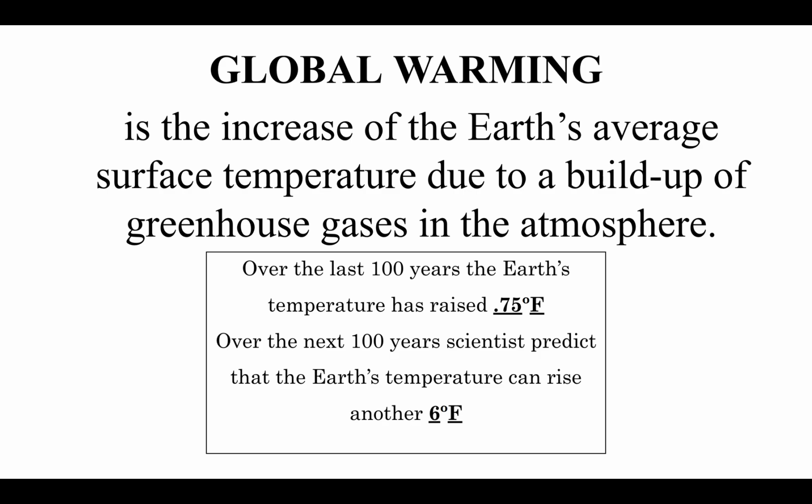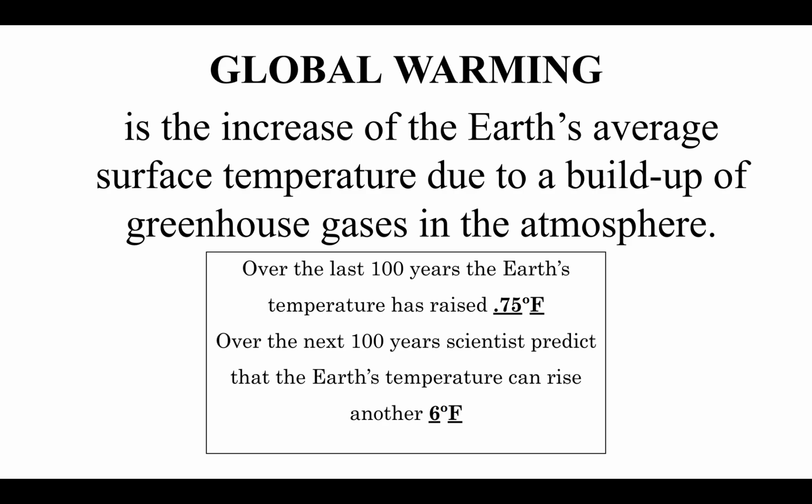So this brings us to our definition of global warming. Global warming is the increase of Earth's average surface temperature due to a buildup of greenhouse gases in the atmosphere. Without that buildup of man-made greenhouse gases, the temperature has not changed that much.